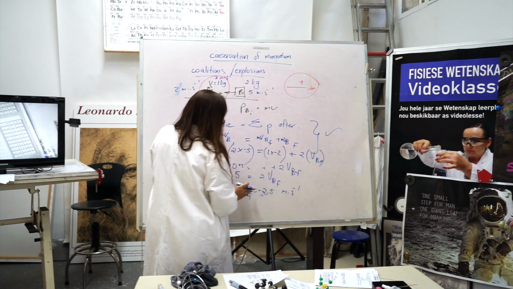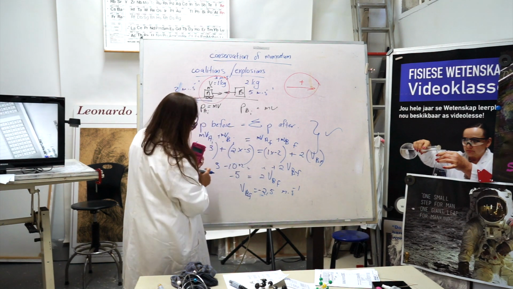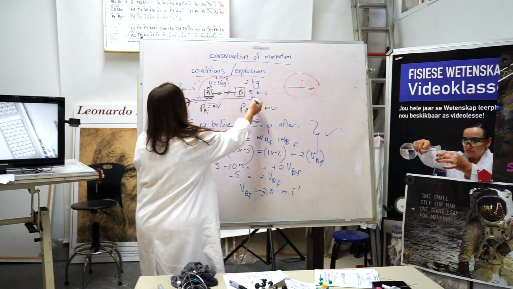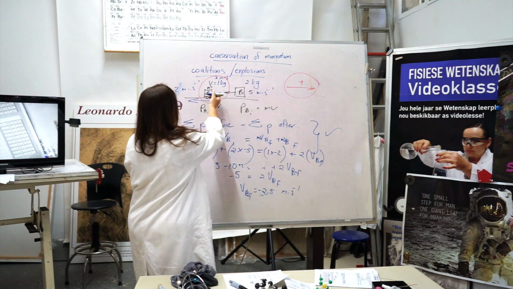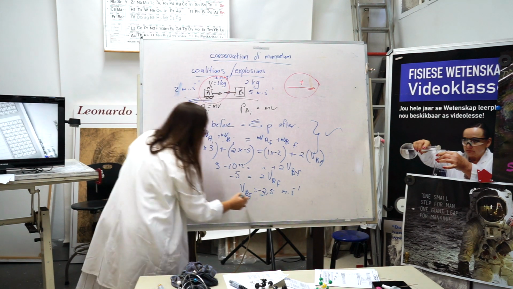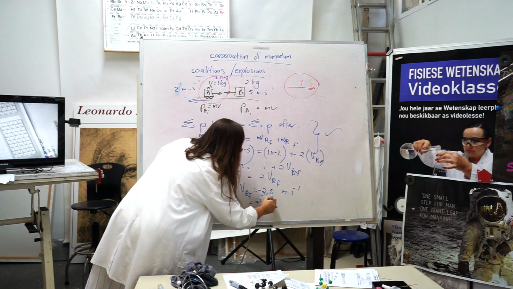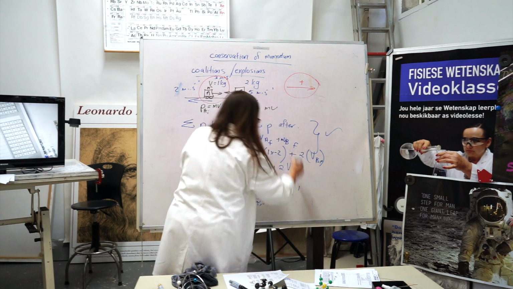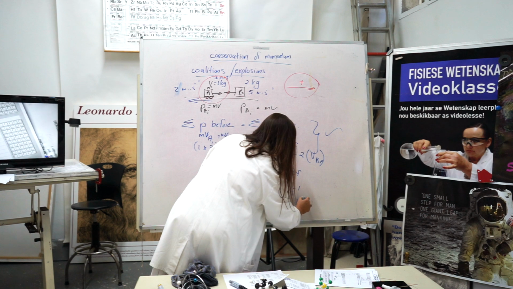That means that car B will then be shooting back in the opposite direction, because I chose that direction as my positive. So it looks to me like even though it's going to hit this car, it's going to continue moving in this direction. So I'm going to say 2,5 meters per second to the right or to the left.